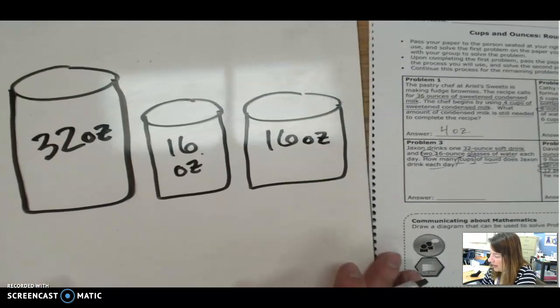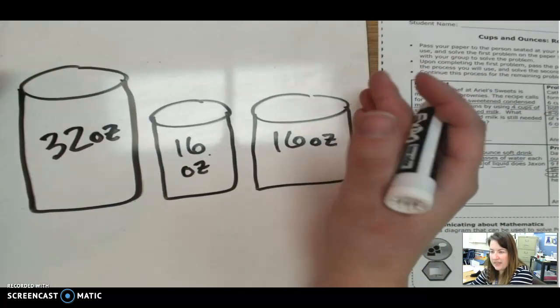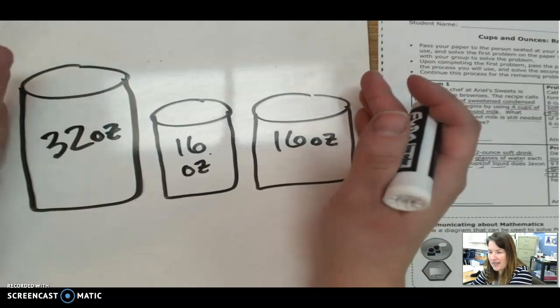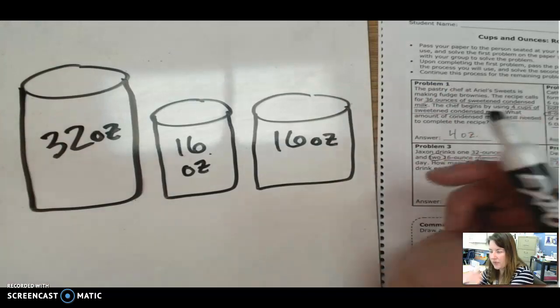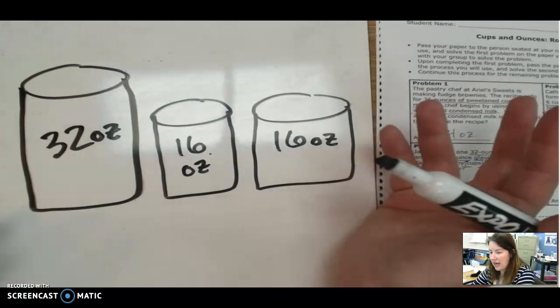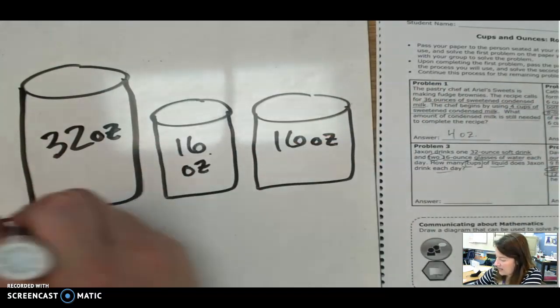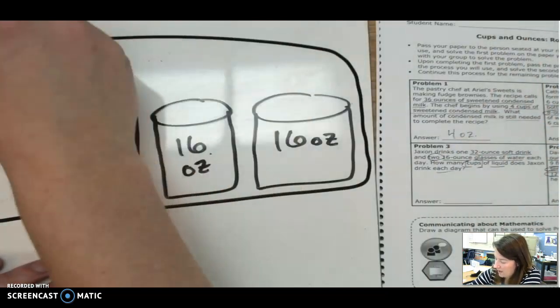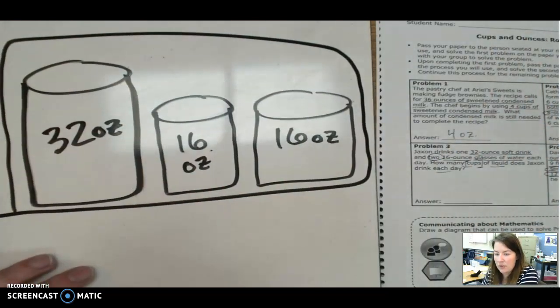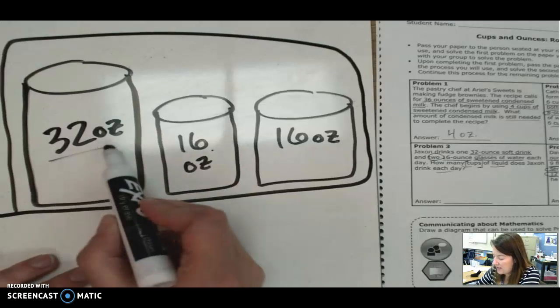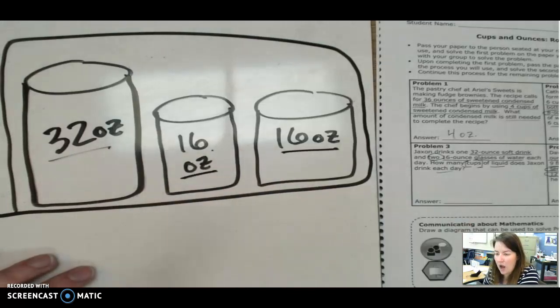So they want to know, how much does he drink a day? Well, this is how much he drinks, but they want to know how much he drinks in cups. So the first step you're going to have to do is find this total of how much he drinks in ounces. So you're first going to need to combine all of these, right?